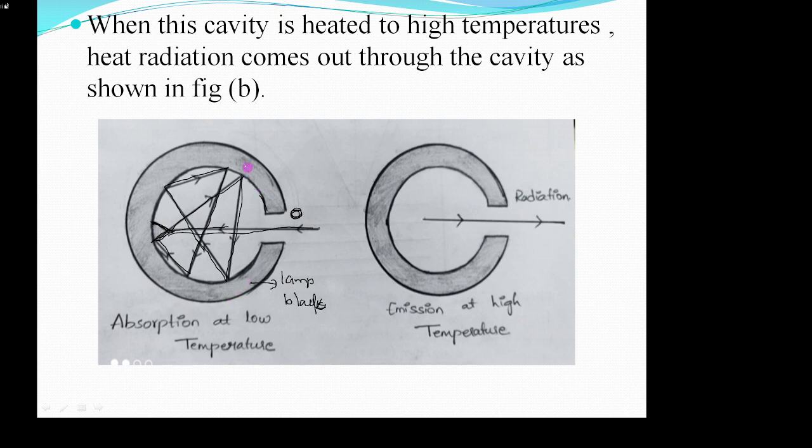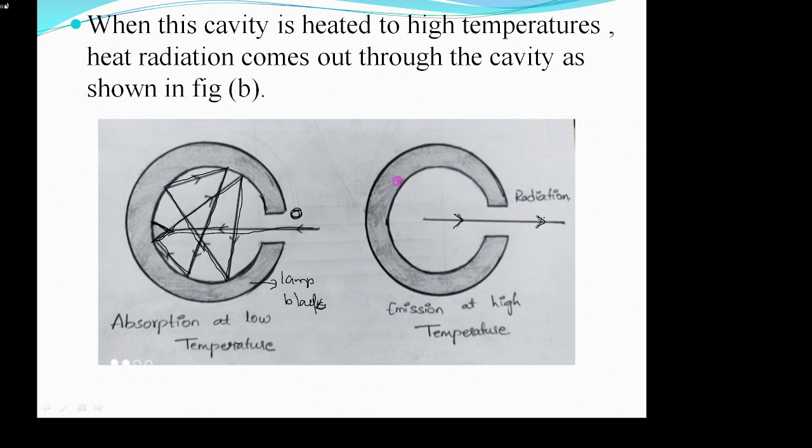So this spherical cavity is absorbing radiation at low temperatures. When it is heated, means at high temperatures, what happens? It emits the entire radiation absorbed. So these entire absorbed radiations are coming out.